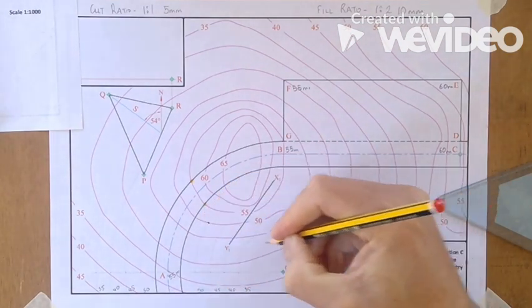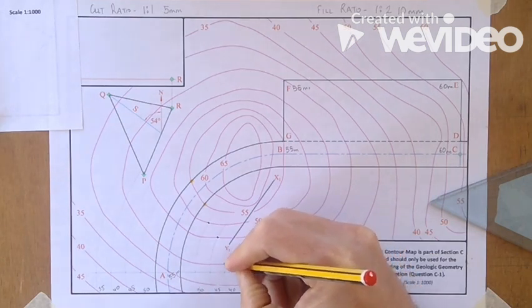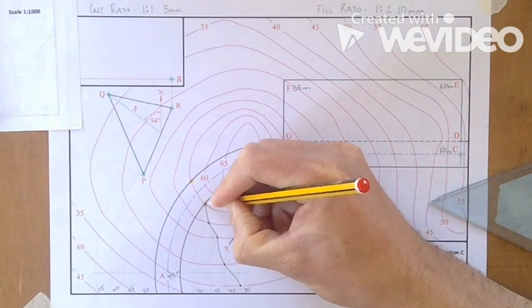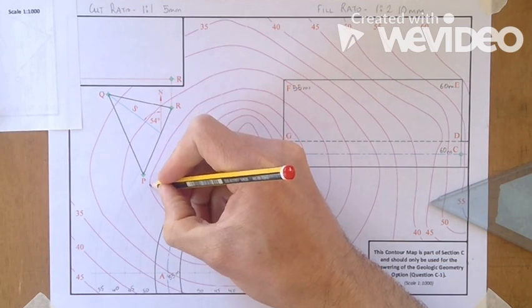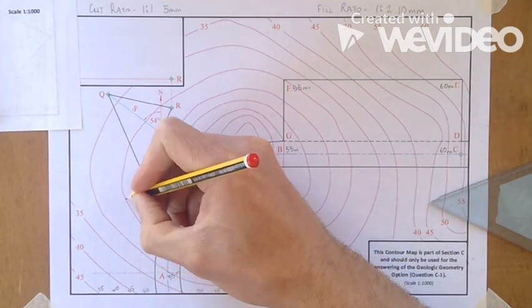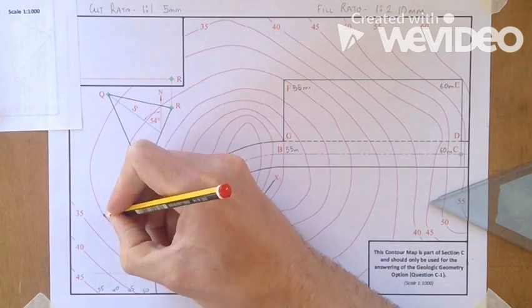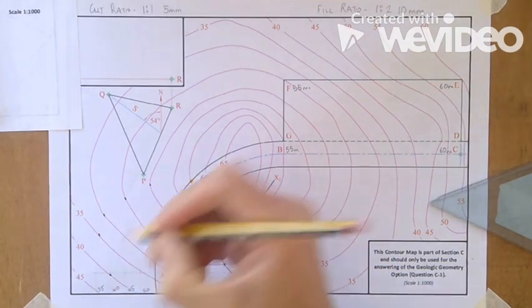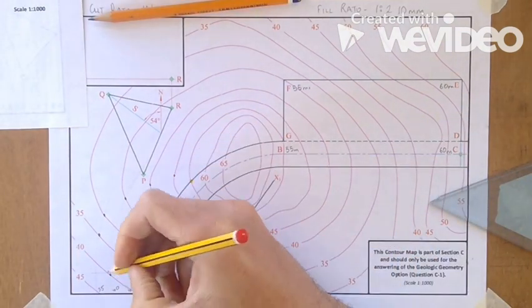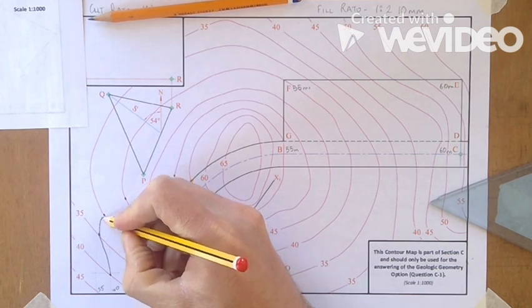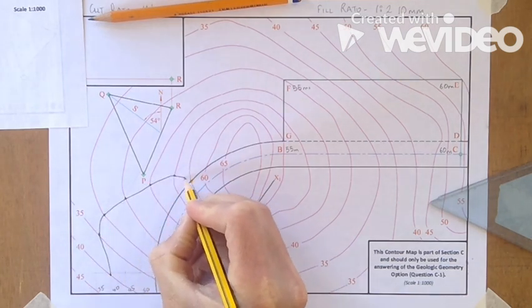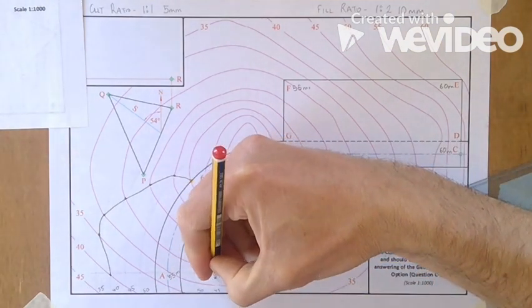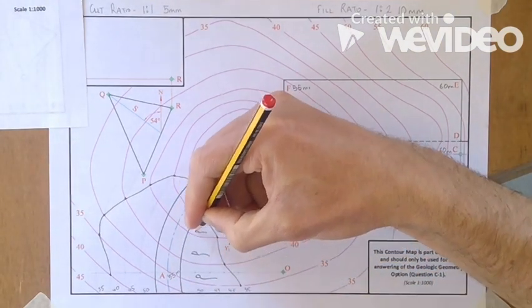So join up your points where they cross each contour line. Because we're filling up towards the road, our earthworks go inwards.